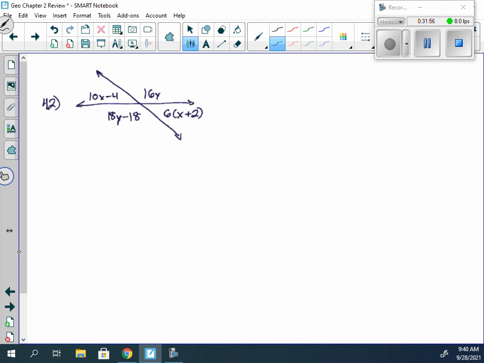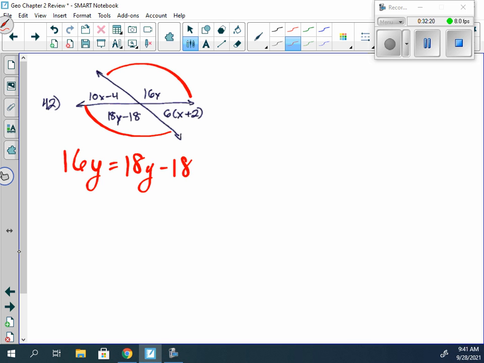Now these here, vertical angles are congruent, yes? 18y minus 18 and 16y are vertical angles, and they both have y in them, yes? So that works. So we could say that 16y equals 18y minus 18.